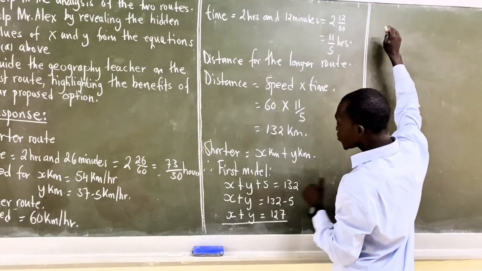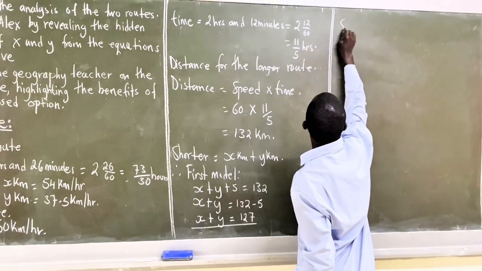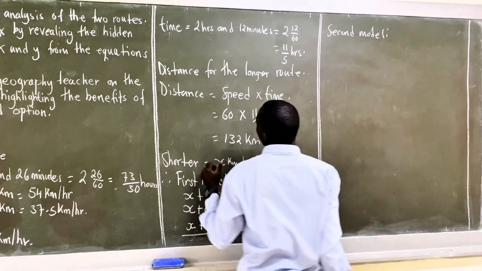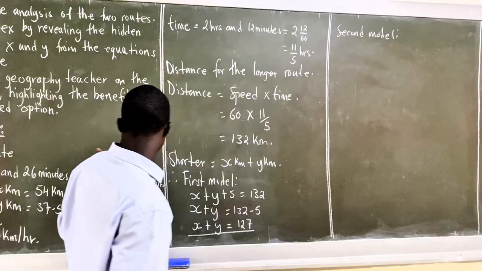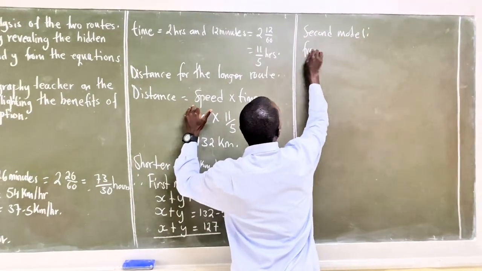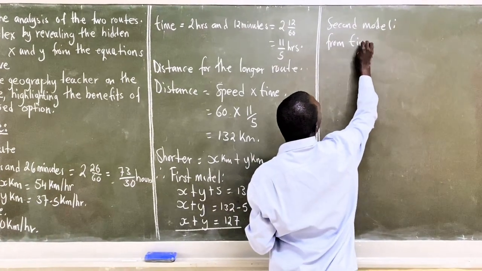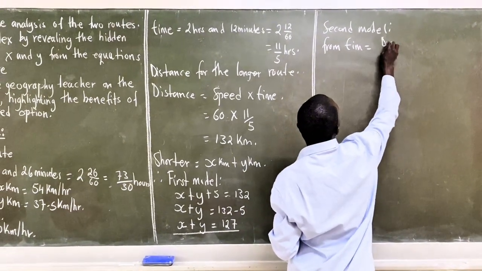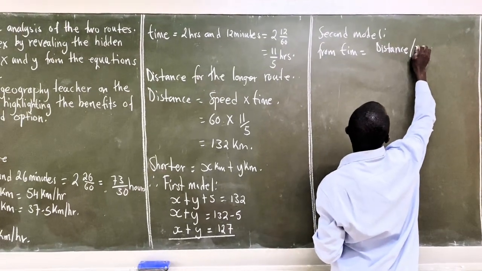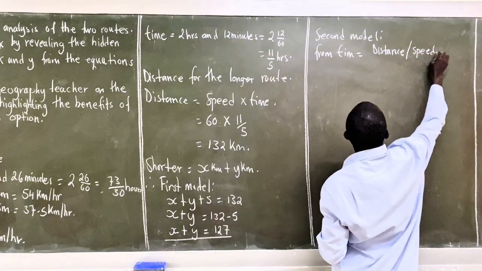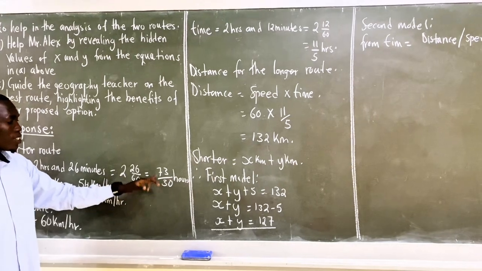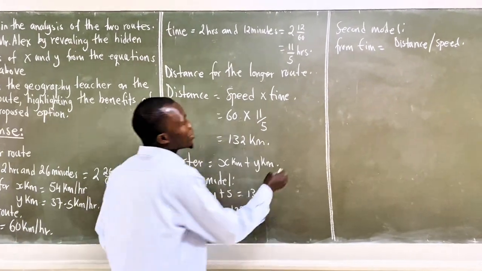So it means for us to get the second model, our second model shall come from the total time taken to travel using the shorter route, and we say that time is equal to distance divided by speed. Then what is our total time for the shorter route? It is 73 over 30 hours.